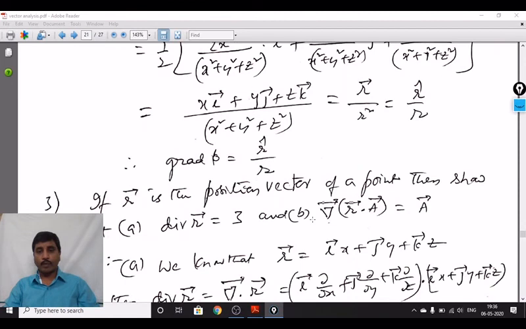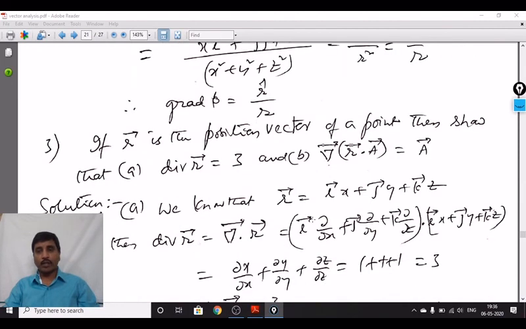Another important problem: if r bar is the position vector of a point, then prove div r bar is equal to 3 and gradient of r bar dot a bar is equal to a bar.